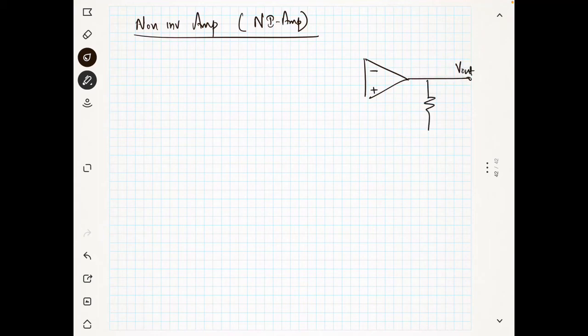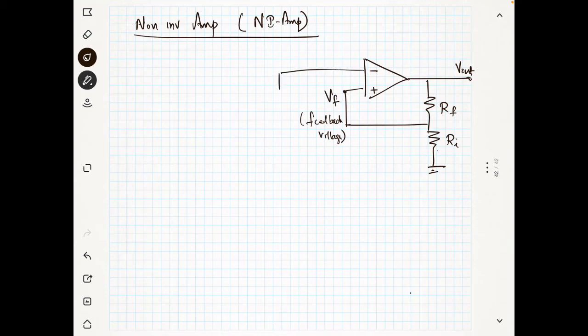Same thing, R_F and R_I. Now I can connect here, and this I will call V_F, the feedback voltage. And you see here, this is my input, V_in.